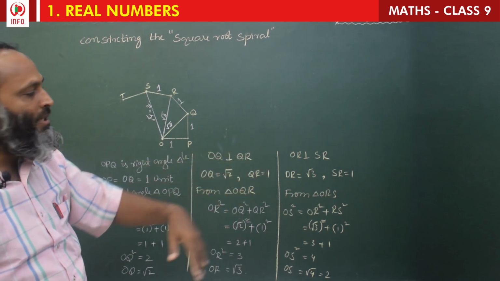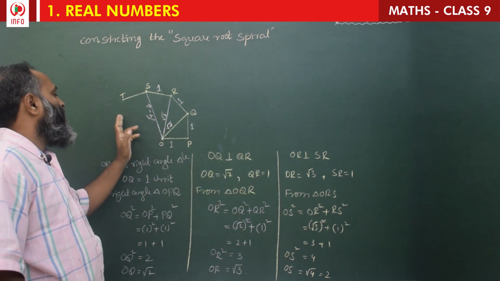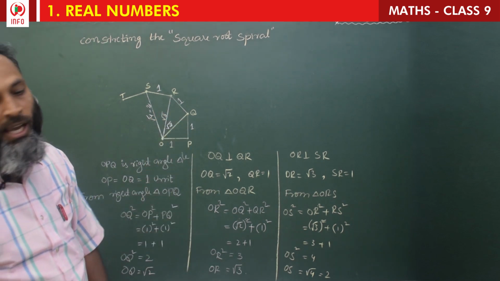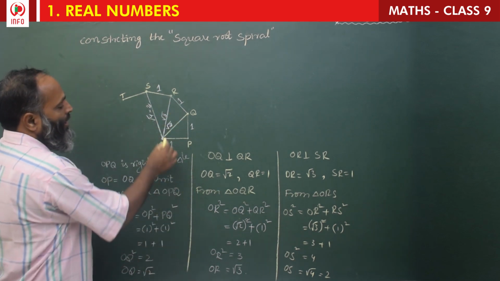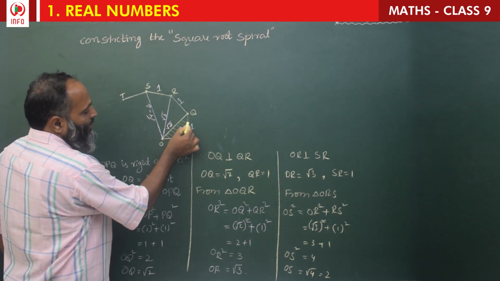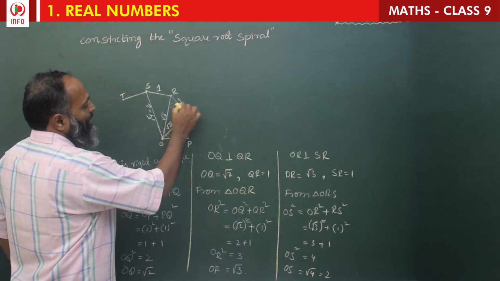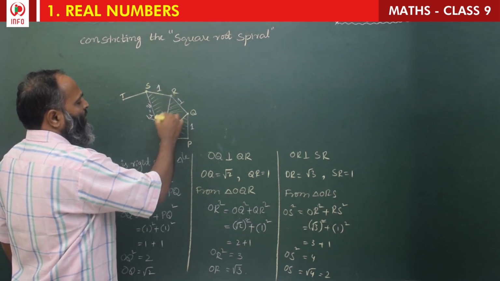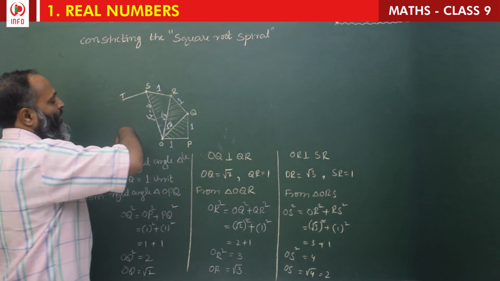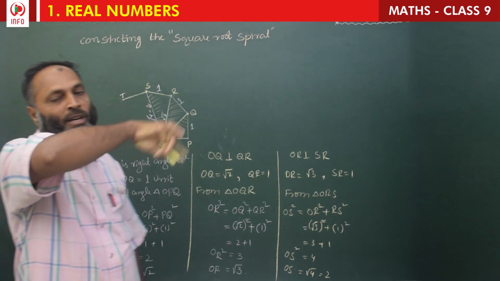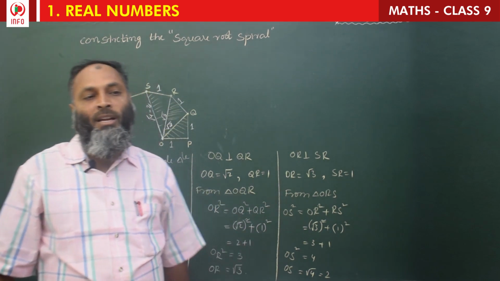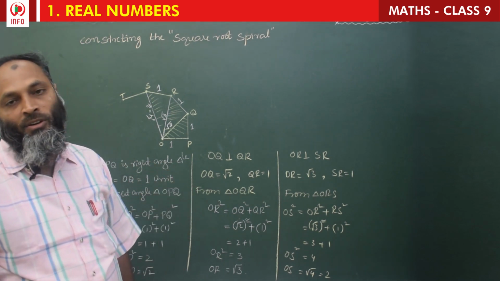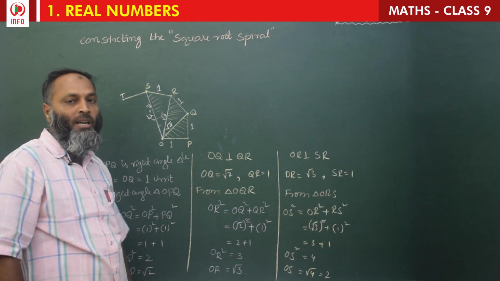Continuing this, you will get root 2, root 3, root 4, root 5, root 6, root 7, root 8, root 9, root 10, like this, a spiral. From each triangle one by one we get the square root values, that is, irrational numbers.